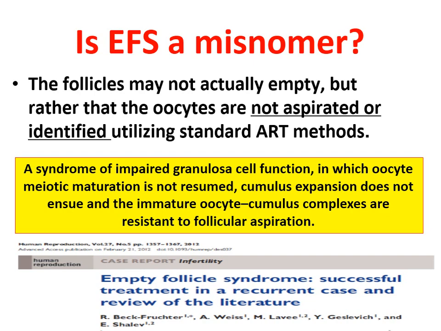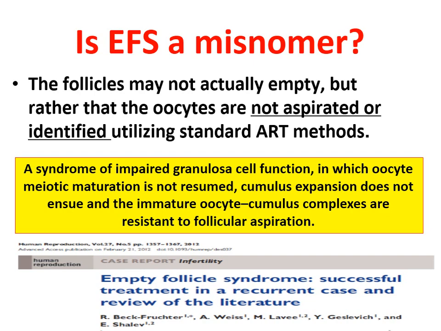This is a mandatory anatomic and physiologic event in any individual. The problem is in aspiration. You have to tell the patient that I failed to aspirate the oocyte from your follicle, but the oocyte cumulus complex may be present. I failed to extract it. I failed to aspirate it. I failed to identify it.